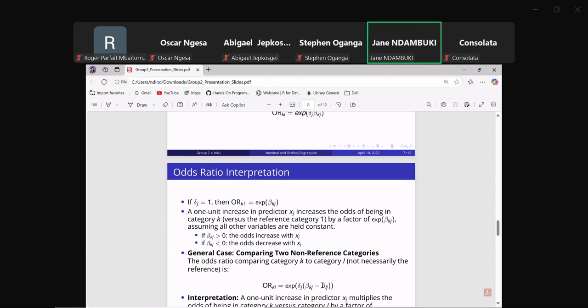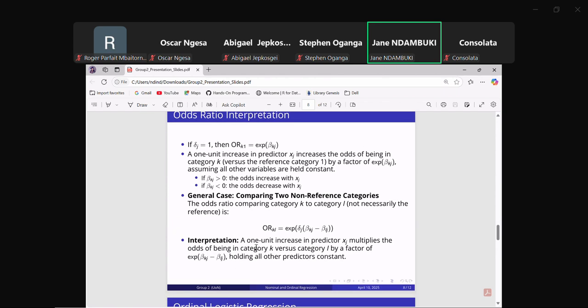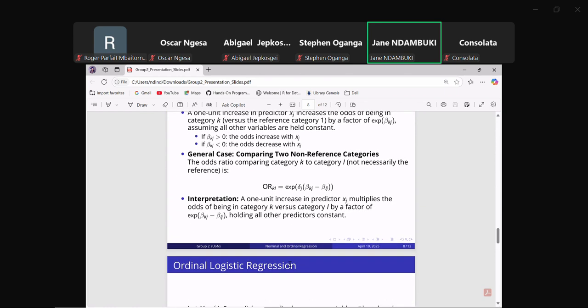The odds ratio is given by this formula, and the interpretation is that a 1 unit increase in predictor x_j multiplies the odds of being in category k versus category l by a factor of exponential beta_kj minus beta_lj, holding all the other predictors constant.